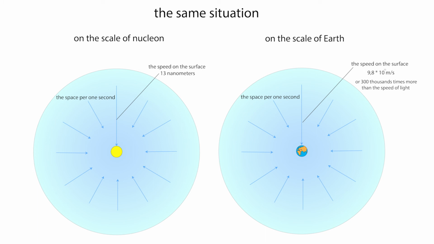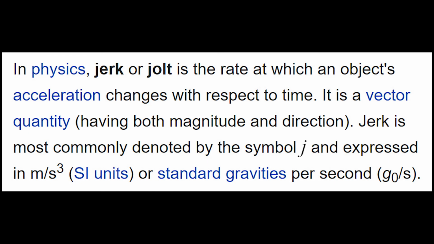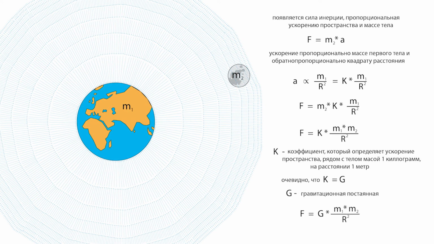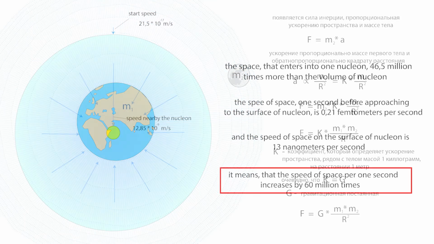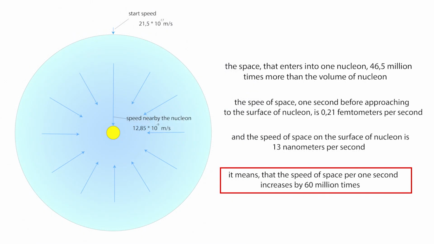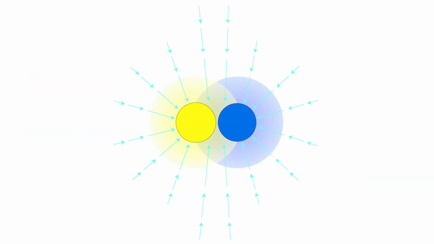What can be common is the acceleration, specifically the rate of change of acceleration, called the jerk. And we know that in the theory of moving space, the force of gravity depends on the acceleration. Maybe such a quick increase of the acceleration of space provides such a big increase of the gravity force that gravity becomes the nuclear force.